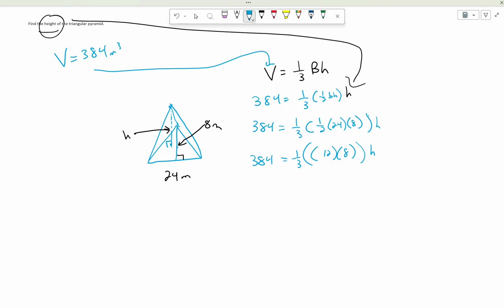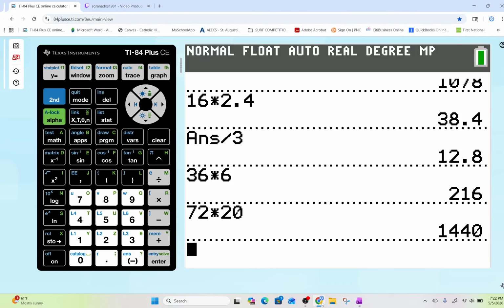I'm going to multiply times 3 to get rid of all that stuff maybe in a sec. Or, there's a lot of ways I can go about this. I can go with 384 and 1/3, 12 times 8, right? It's just going to be 96 divided by 3, which is 32 according to the calculator.